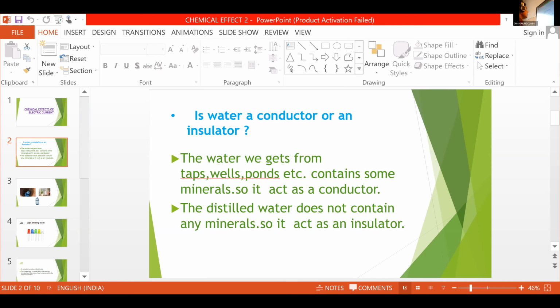The water we get from taps, wells, ponds, etc. contains some minerals. So it acts as a conductor. Second point, write it as points. Two points are there in that answer. The distilled water does not contain any minerals, so it acts as an insulator. Write these two points.